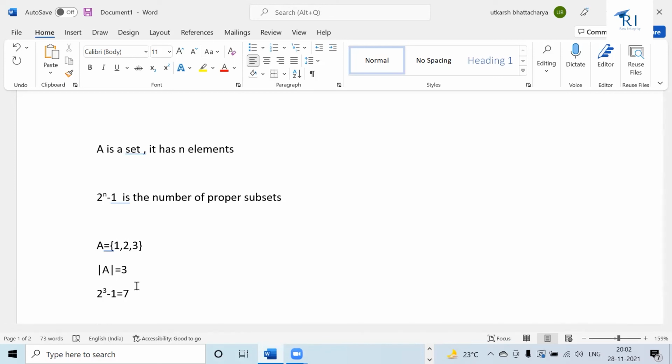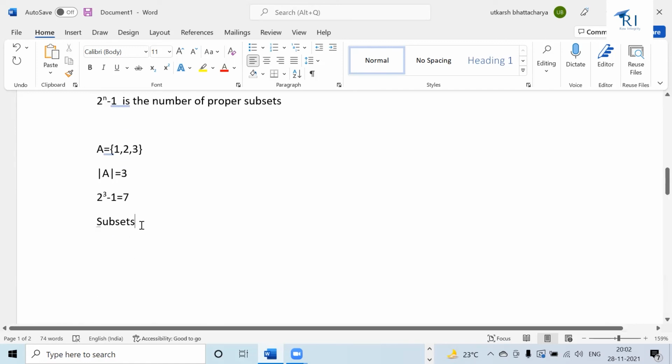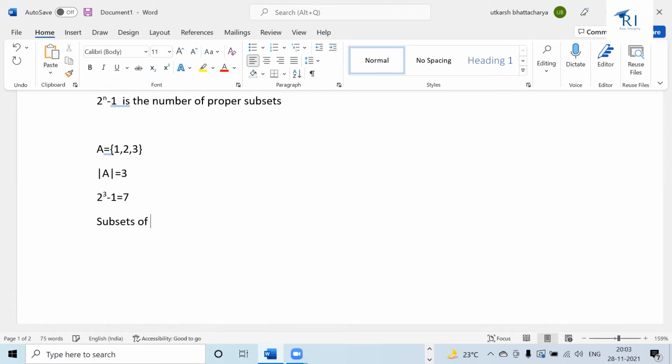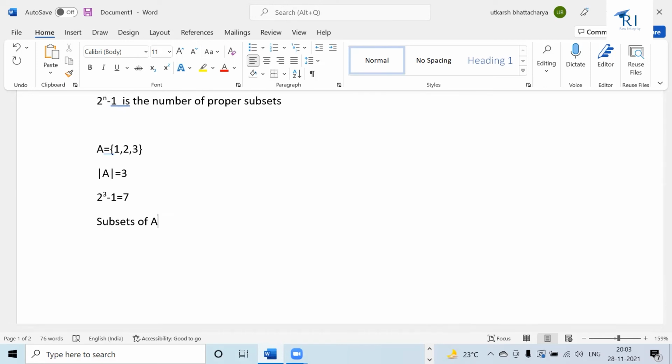So let's see one by one. Subsets of A. Total subsets, that's 8 because 1 is improper also. So we are just considering the proper ones here.